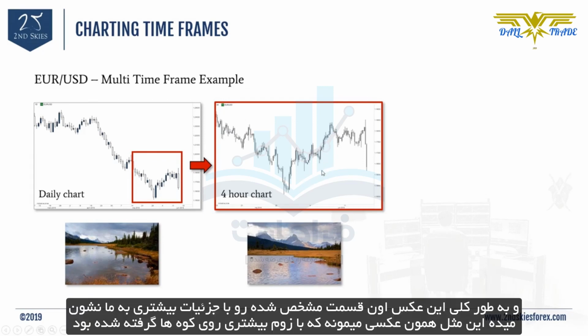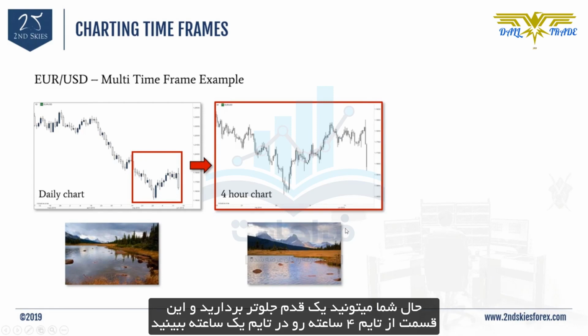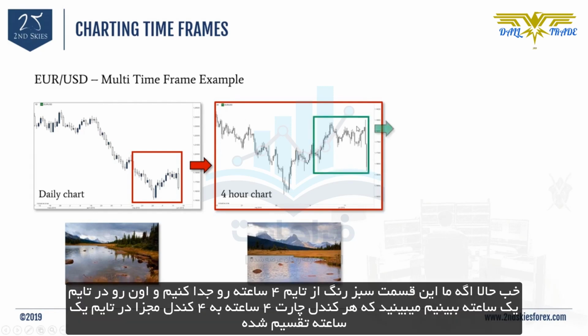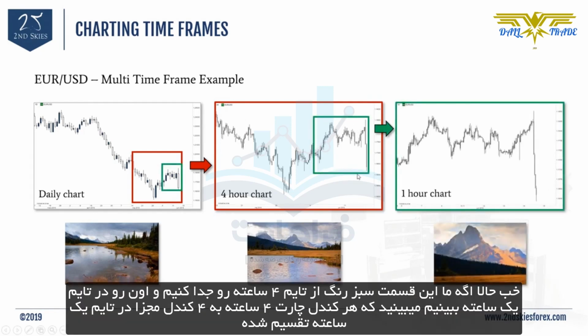And naturally, this shows you this section of the context in greater detail, similar to when we zoomed in on the mountain range in the photos. Now you can take this a step further and look at this price action on the 1-hour chart. So if we take this portion of the 4-hour chart and look at it on the 1-hour chart, each 4-hour candle is then split into 4.